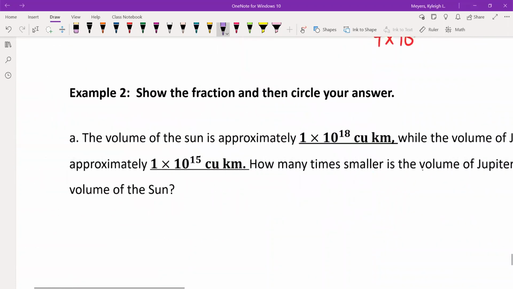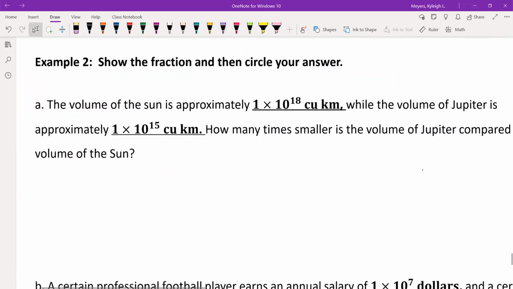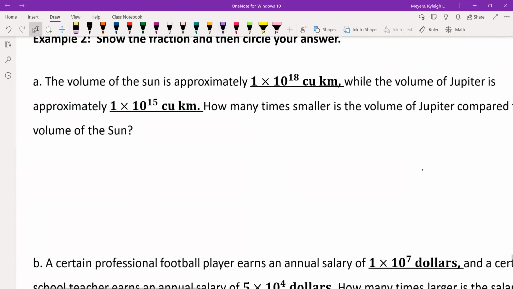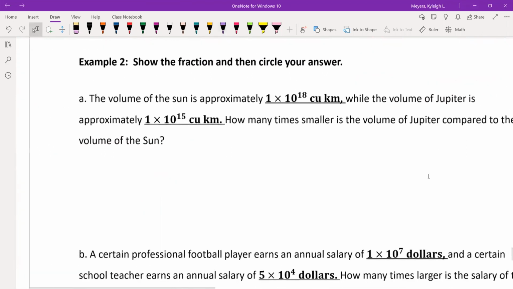Okay? So looking at example 2, it's a word problem, right? So it says the volume of the sun is this length, and the volume of Jupiter is this length. We want to know how many times smaller is the volume of Jupiter compared to the volume of the sun.